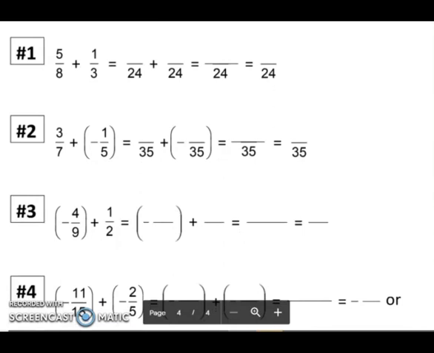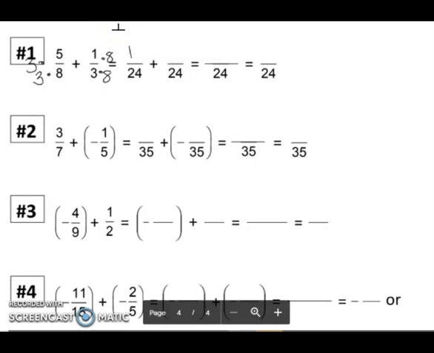Okay, on the next page you see that they take more and more away from the problem, so we're going to have to fill in a lot more. For the first one, they did find common denominators for us, so we have 5/8 plus 1/3. If I multiply the first one by 3, top and bottom, and then multiply the second one by 8, that would give me 24 as the denominator.